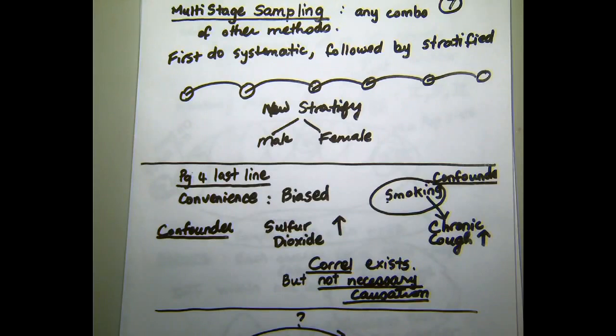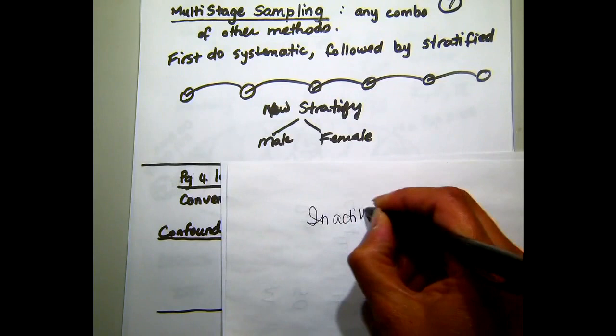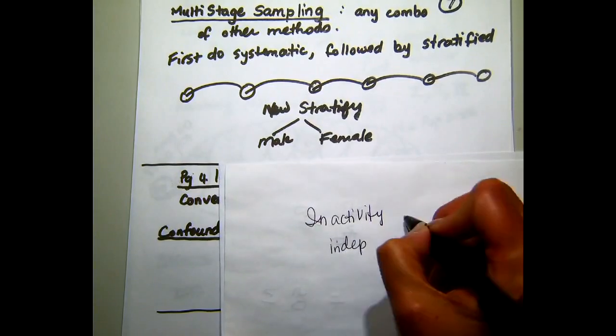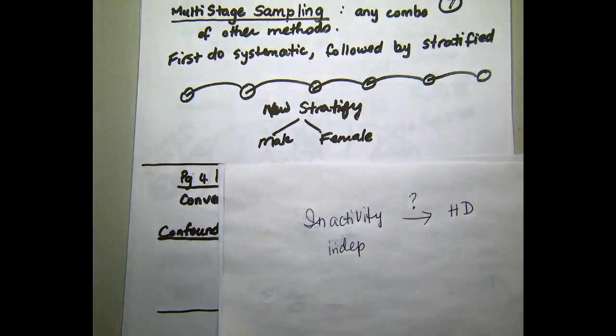Yeah, kind of. So let's say that you are trying to study the relationship between inactivity and heart disease. So you might think that inactivity, which is the explanatory variable, the independent variable, leads to heart disease. Perhaps, maybe. I'm trying to study this relationship.